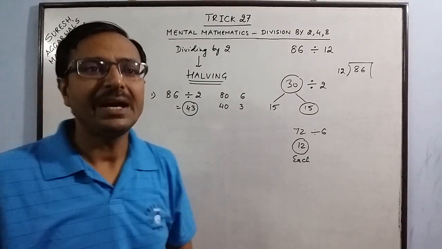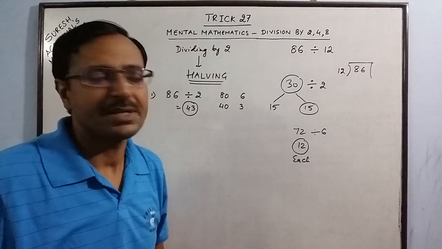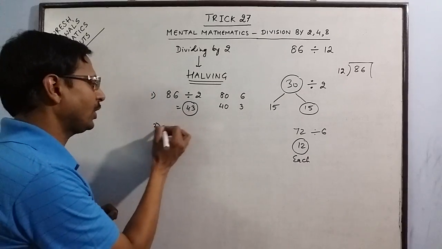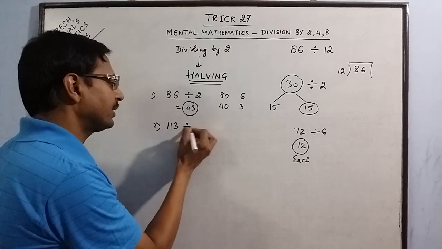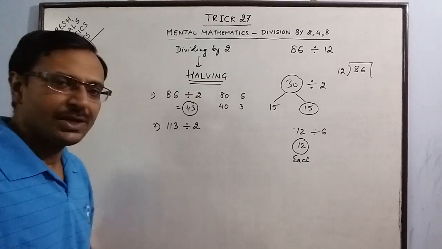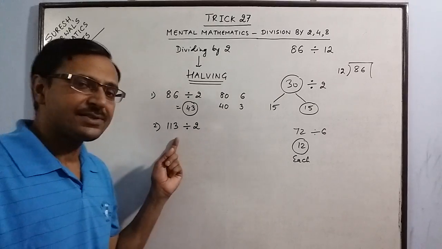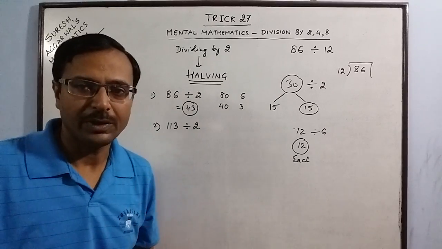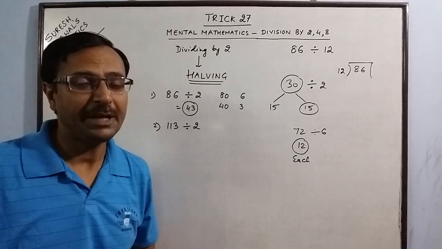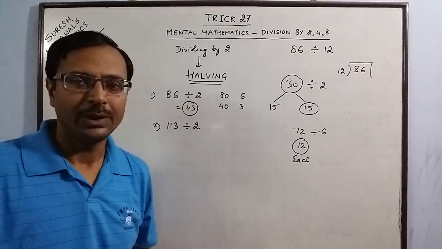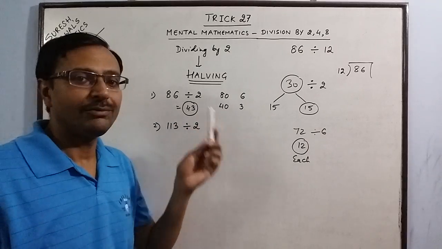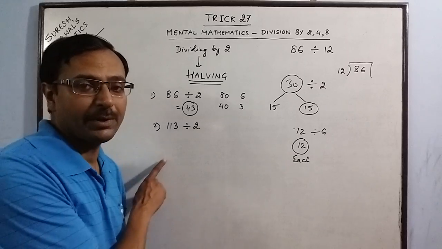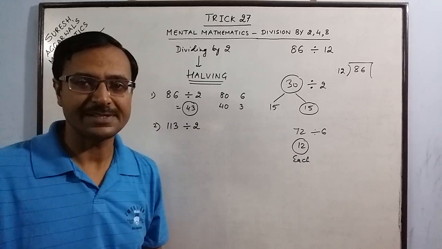Now suppose we have to divide a larger number, say 113. Now I am taking an odd number. So here the answer will be in decimal because it is an odd number. Now being a teacher, a mentor, a parent, you know that halving will be difficult here because it is an odd number and it involves decimals.